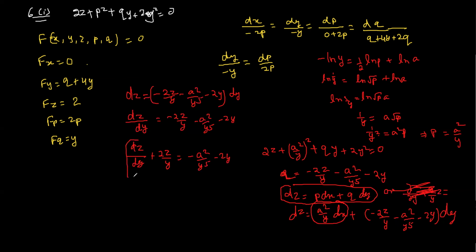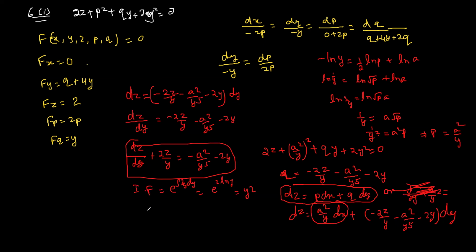Okay. Since this is a linear differential equation, right? If this is a linear differential equation, find the integrating factor first. e raised to integral 2 by y dy. So you will get 2 ln y, which is equal to y square. So this is the integrating factor.